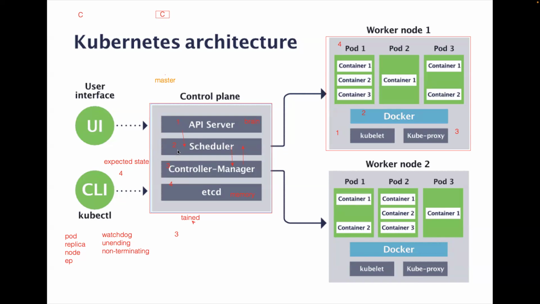etcd is like a storage, a memory where all the cluster configuration will be stored. It's a NoSQL database. Means it will have the data stored in the form of key value pairs.